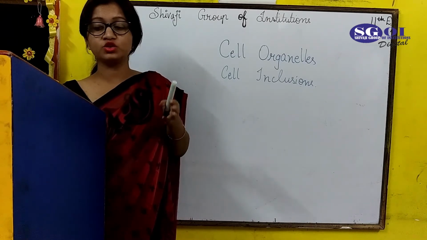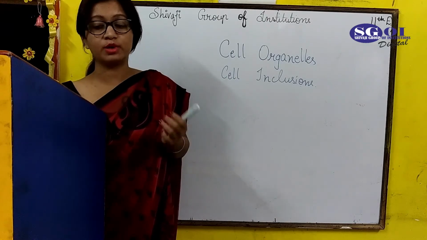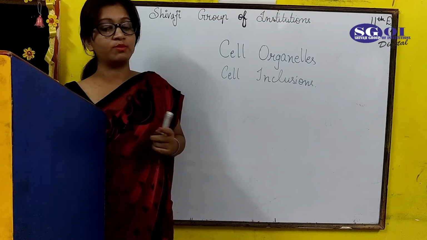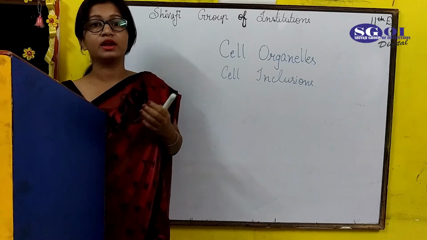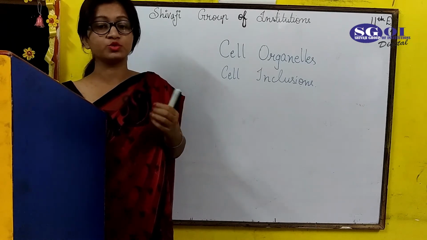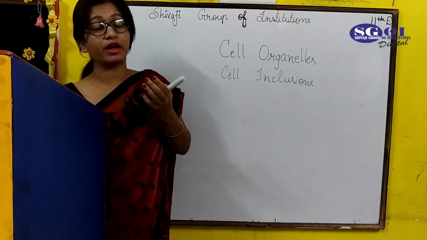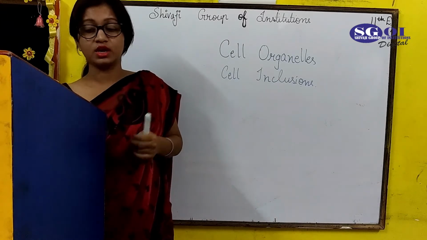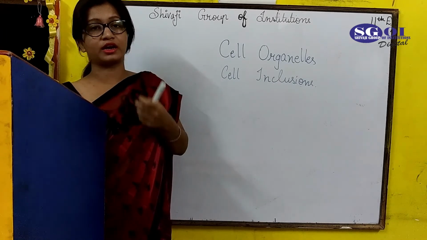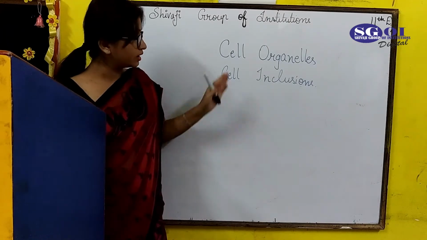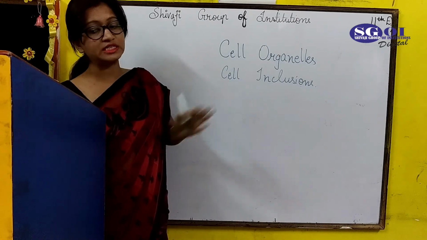The second is non-autonomous cell organelles: organelles bounded by double unit membrane, endoplasmic reticulum, Golgi bodies; organelles bounded by single unit membrane like lysosomes, peroxisomes; and organelles lacking any bounding membrane like ribosomes or other granules. Then the next thing is metabolically inactive cell inclusions. The organelles which are active are cell organelles and which are inactive are cell inclusions.